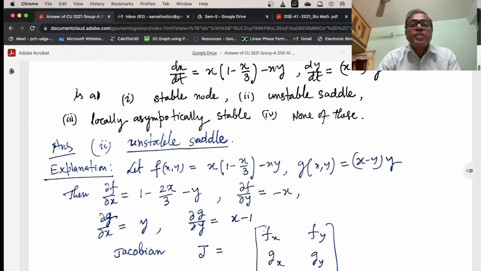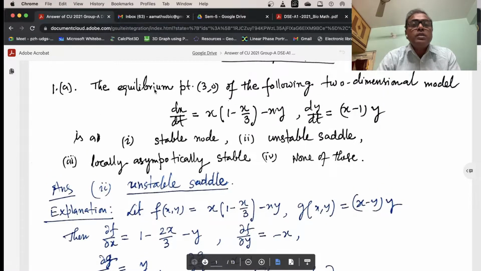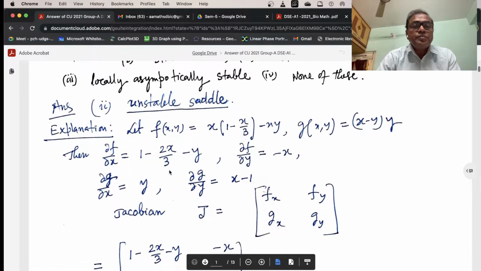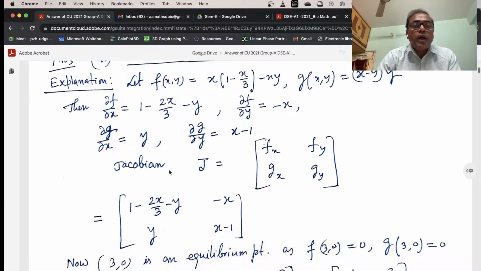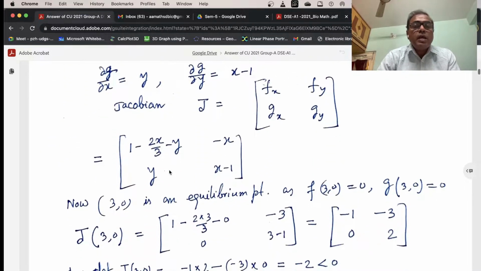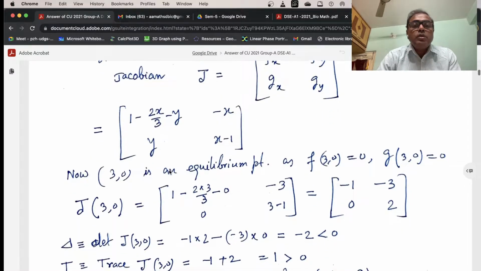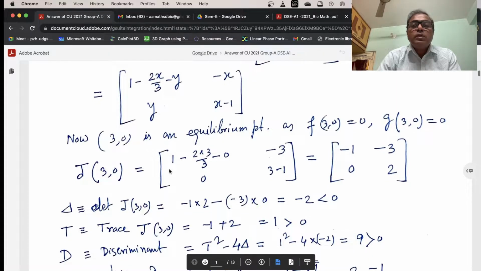Now here, given that (3, 0) is the equilibrium point, we now find the value of the Jacobian matrix at the point (3, 0). So f(3,0) = 0, g(3,0) = 0.